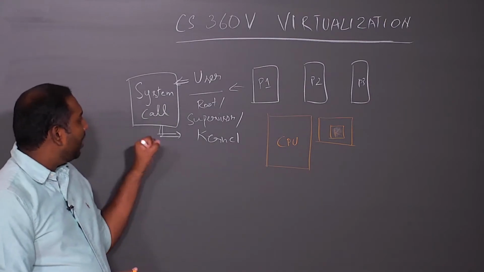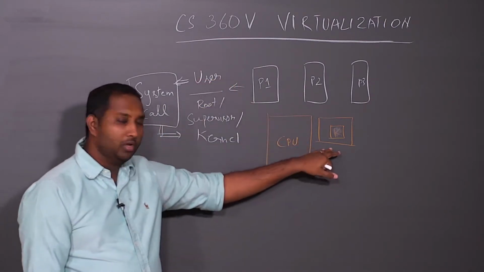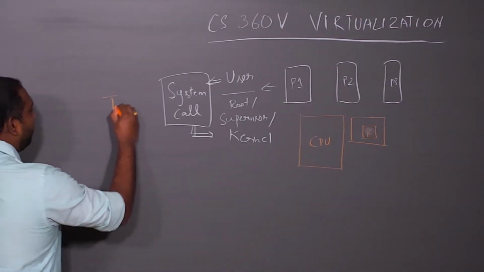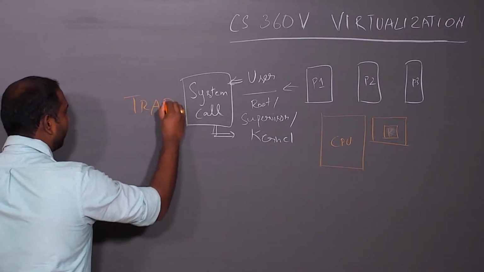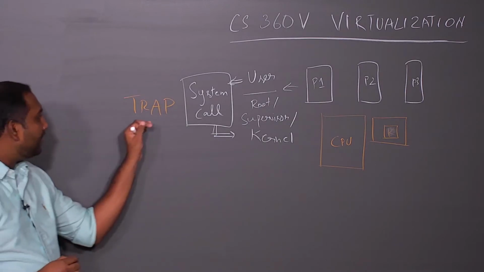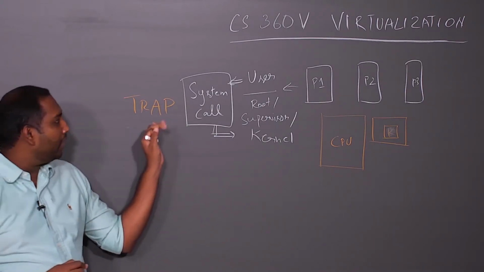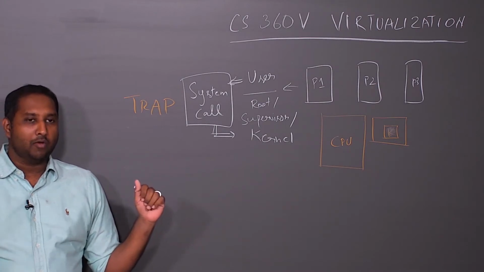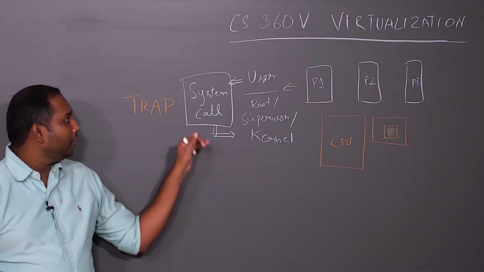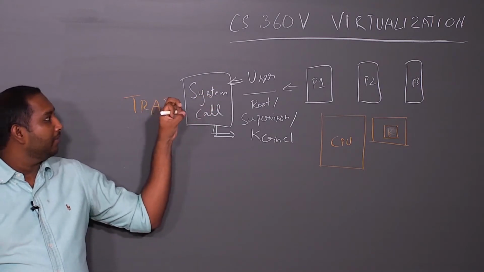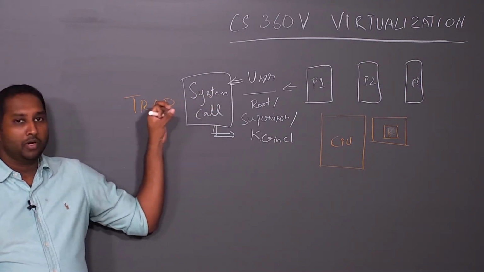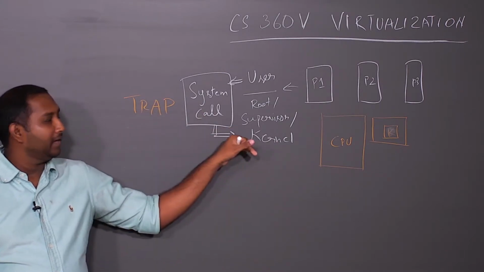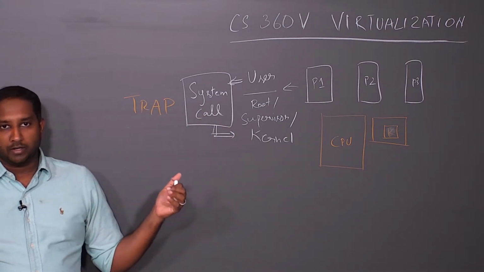Another thing is, how do you actually switch from user mode to kernel mode? When you do a system call, a trap is generated. This trap is kind of like an interrupt, and what it is basically saying is to freeze everything that this process is doing. We are now going to jump into kernel mode, access some of the data that the user mode process has, and use it to do a system call, and then we will return.